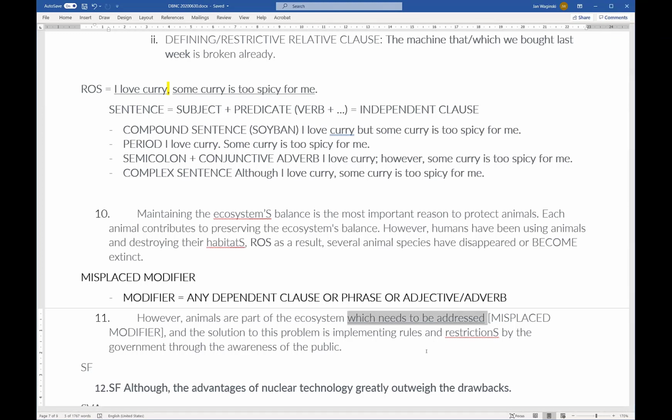That animals are part of the ecosystem. So what does that mean? Animals are part of the ecosystem which needs to be addressed. I think the problem needs to be addressed. Yeah. So which needs to be addressed does not refer to the ecosystem.